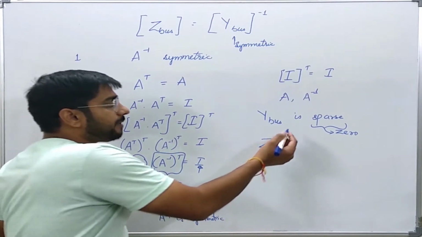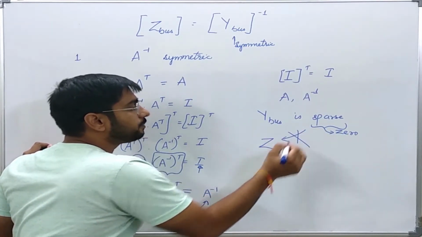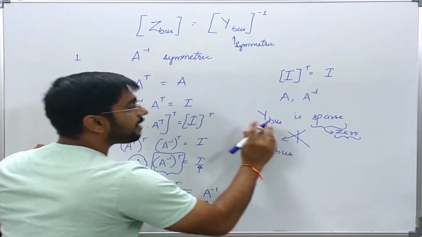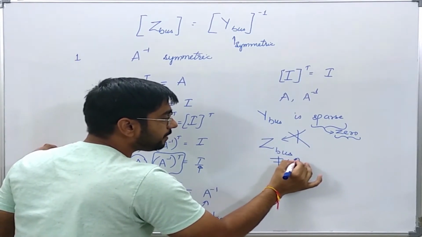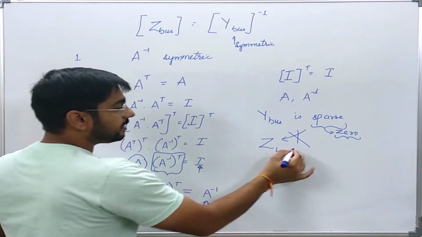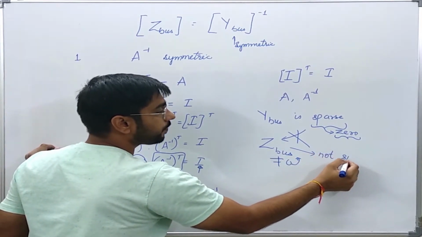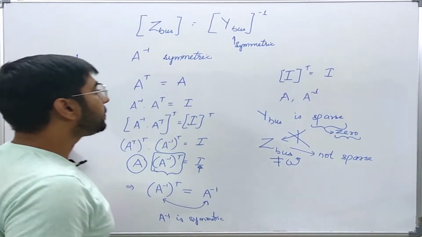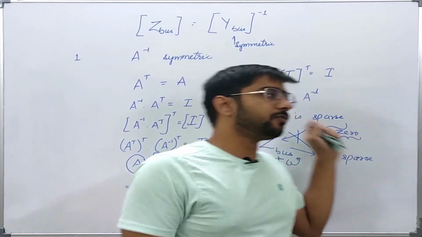Usually if Y bus is sparse, then Z bus is not sparse, because the 0 elements in Y bus are usually non-zero in Z bus. So Z bus is usually not sparse.